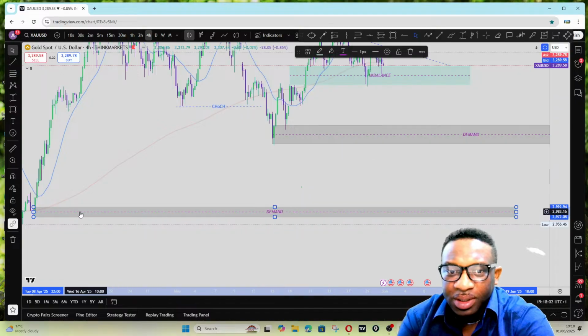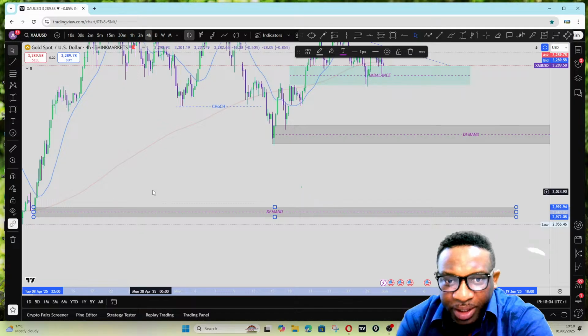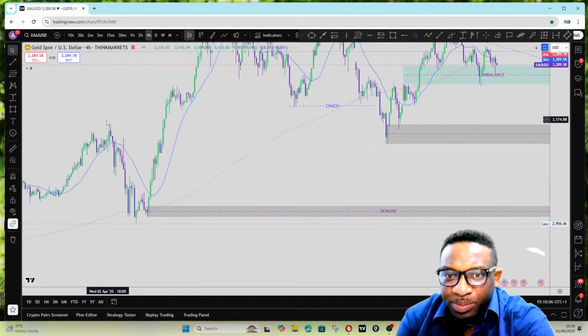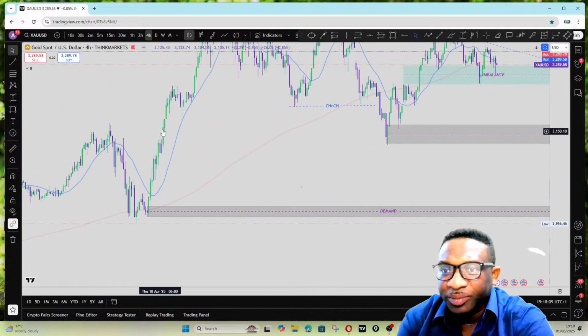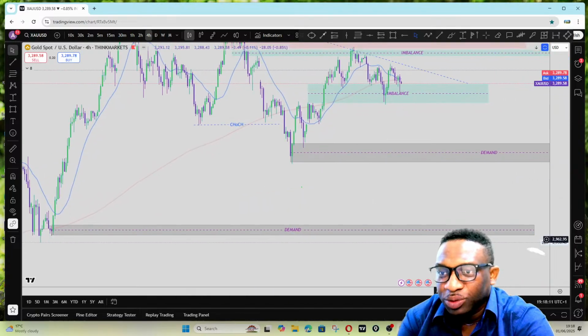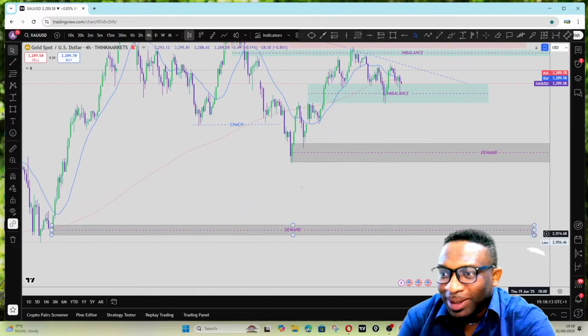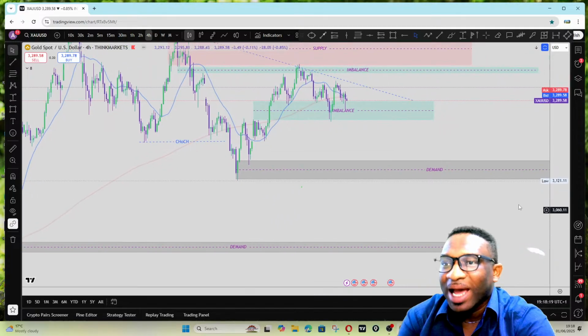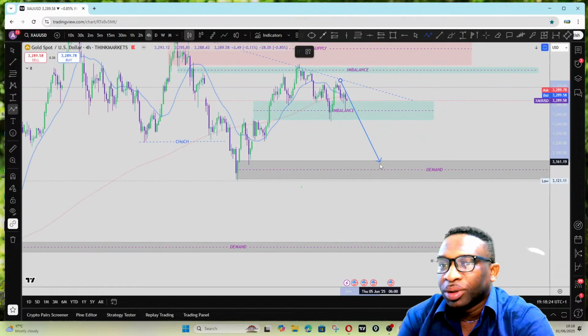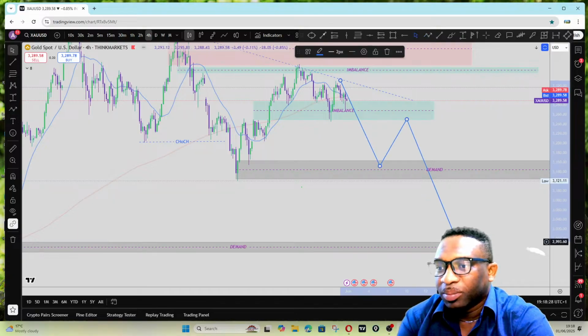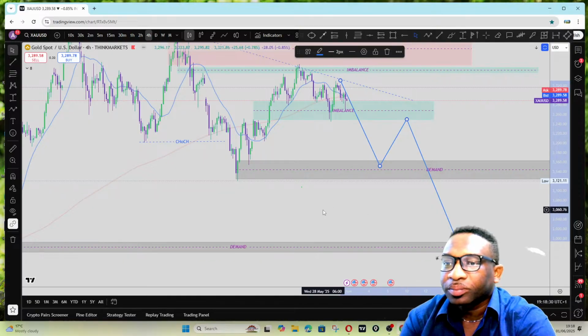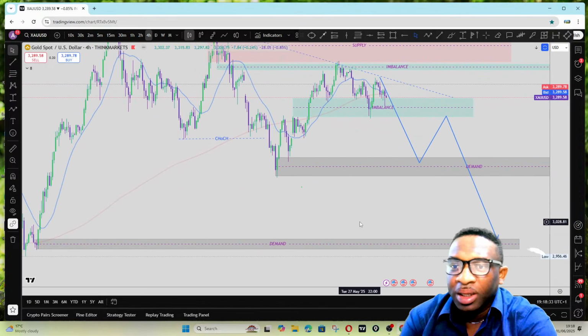This is another area, a demand area, where price broke above this area and has not tapped into it yet. So this area is a pending area that possibly this week, coming this week, we could have price trading lower to these areas, possibly this week.